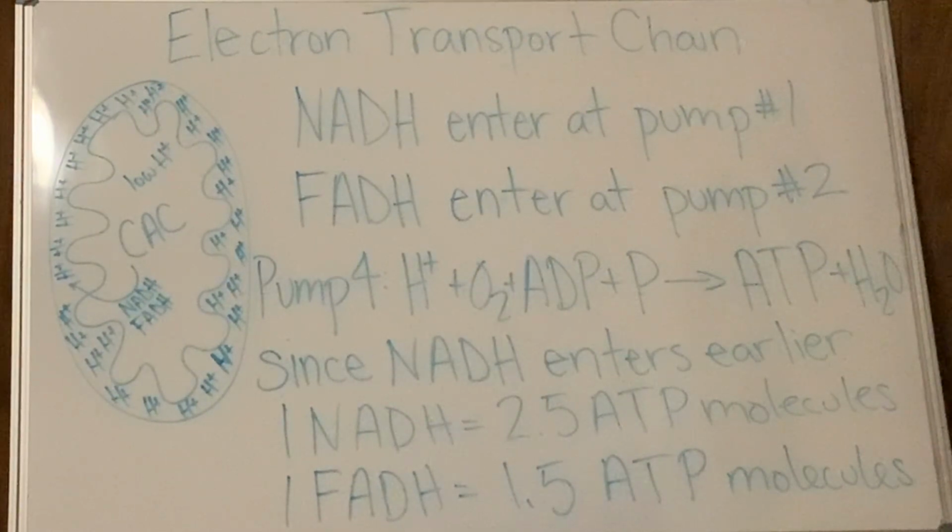Since NADH drops its electrons off earlier at pump 1, it is able to produce 2.5 ATP molecules per molecule of NADH. Since FADH drops its hydrogen ions off at pump 2, it is only able to create 1.5 ATP molecules per FADH molecule created.